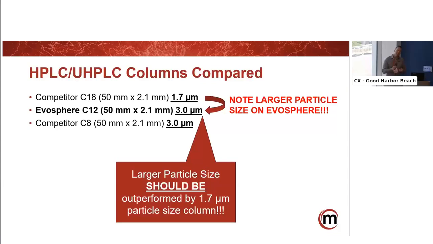One, does ligand length, C8 versus C12 versus C18, what's the ideal length for lipids, right? What is the length that's going to be the best peak shape, the best one to use for lipid analysis? And then the second piece, does monodispersity, this uniform particle size throughout the column, does that play a role?